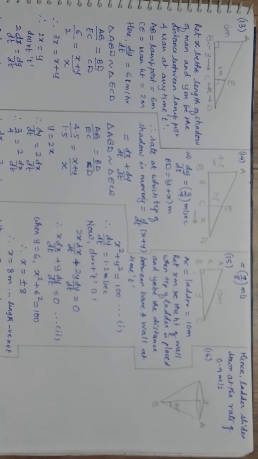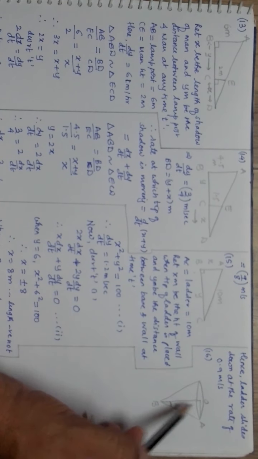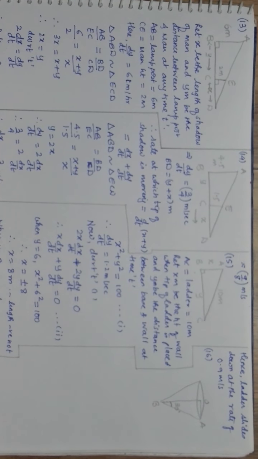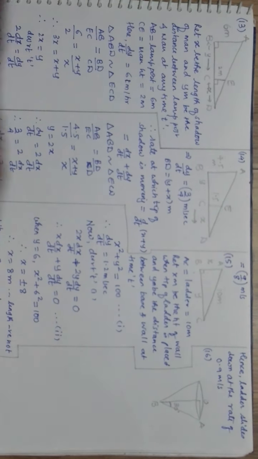Okay, the depth means what? This. So this depth I can call height also. Yes. So it is the rate of change of height. Agreed. So let me write that first.